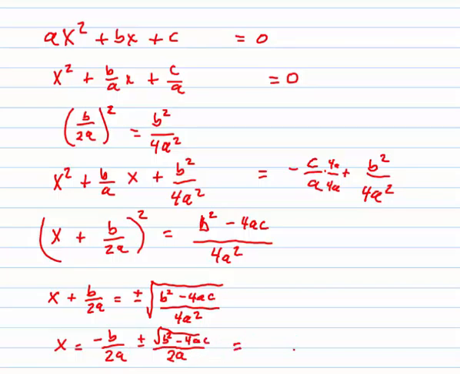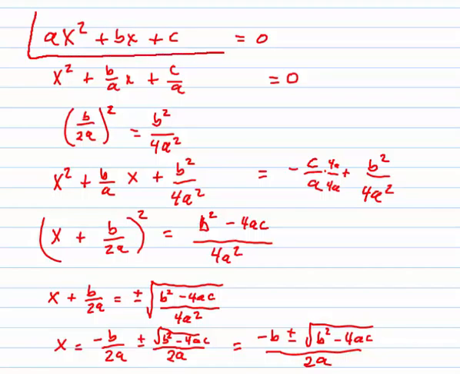We have a common denominator, so we can combine those: negative b plus or minus the square root of b squared minus 4ac all over 2a. And there's the quadratic formula derived from a general quadratic equation right here.